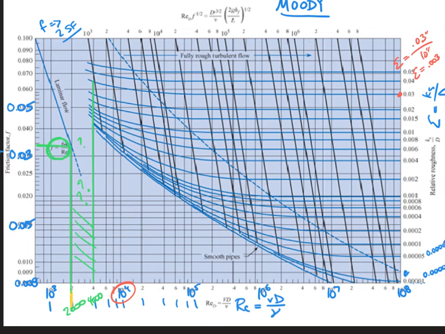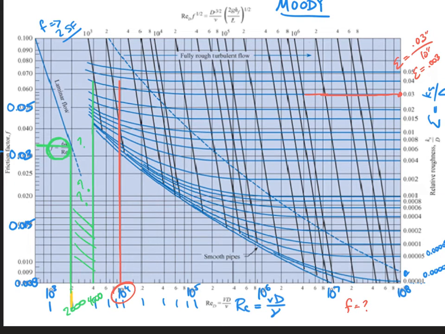If I'm in the middle of a problem and I have to get F, this is how you would read this chart. I would take this 10 to the fourth and draw the line up until I get to this line for 0.003.